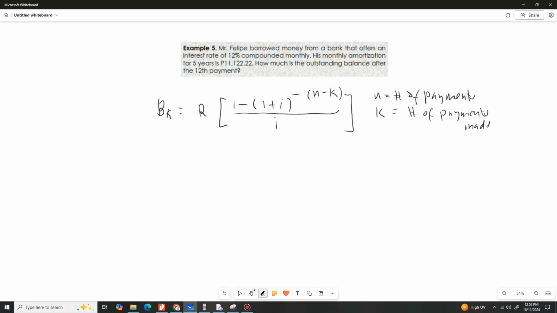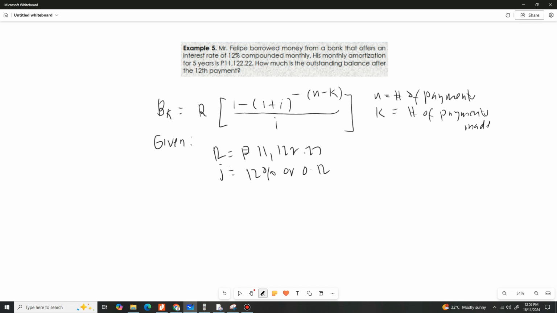For this example, our given are: regular payment R is 11,122.22. Then our J, our rate, is 12% or 0.12.